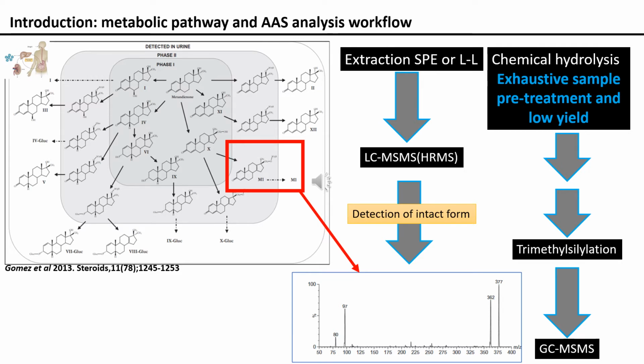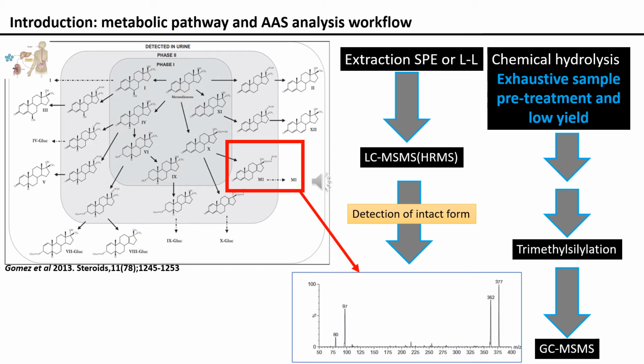Alternatively, chemical hydrolysis in acidic environment is carried out. Nevertheless, the yield of this reaction is low. Because of this limitation, LC-HRMS has been employed to directly detect the intact form of sulfate metabolites and glucuronide metabolites also, which are hydrolysis resistant, for example.